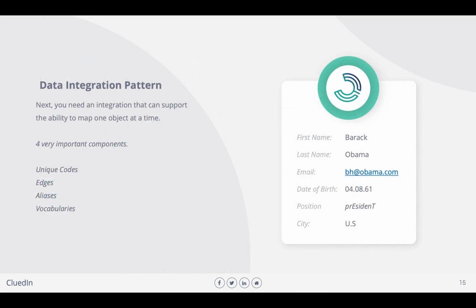We then need the data integration that can support the ability to map into this persistent store, which, as we've alluded to, needs to be a graph, one object at a time. And there are 4 very important components to support this. The first is unique codes, so unique identifiers for objects.